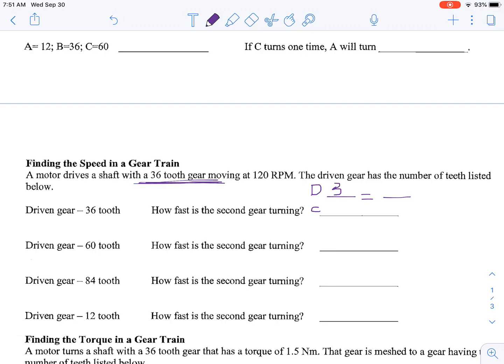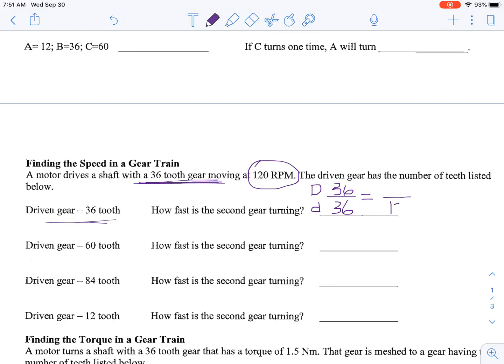And then I'm going to call this one a lowercase d because it's the driven gear. And our driven gear has 36 teeth, which should make sense, or should be extremely easy. And our driving gear turns at 120 RPMs.